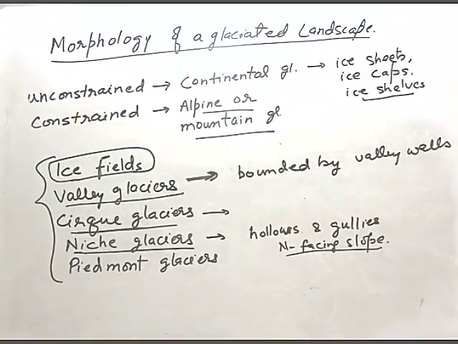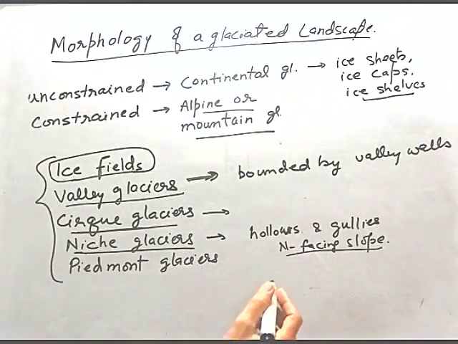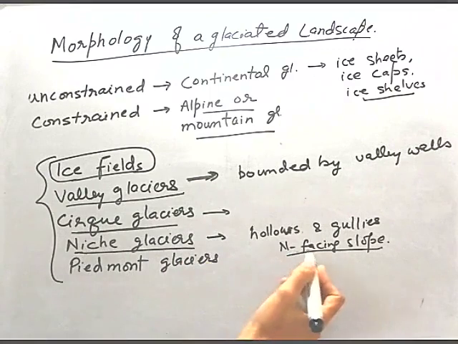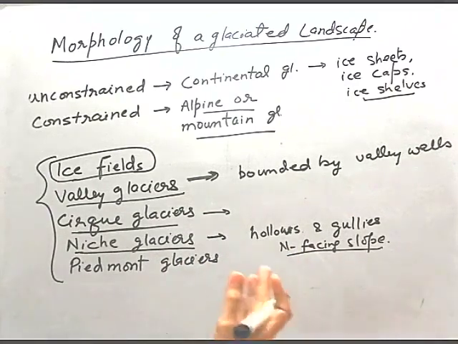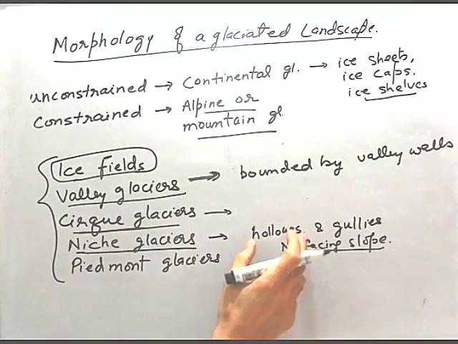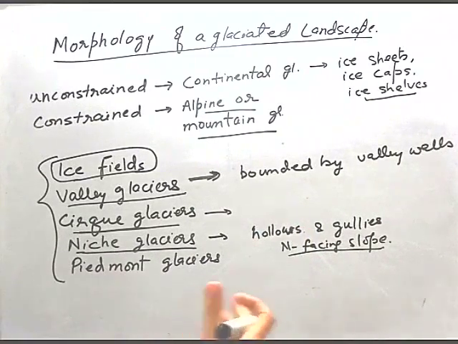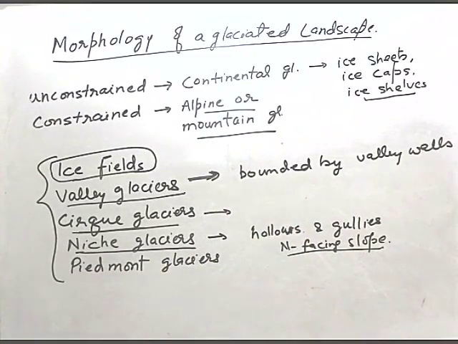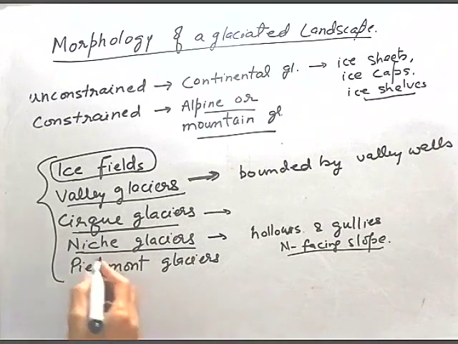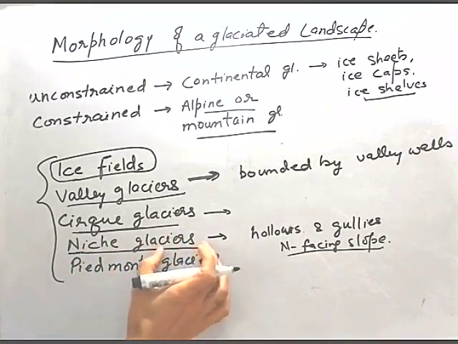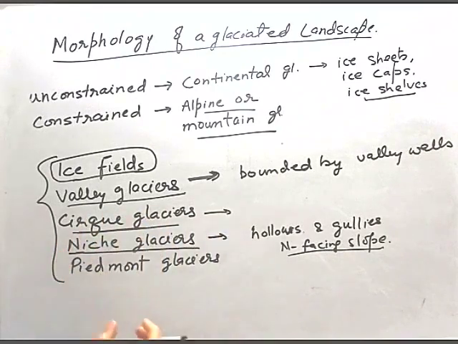That is why the chances of accumulation of snow and formation of glaciers on the north-facing slope will be greater than on the south-facing slopes, and snow will persist in the gullies and hollows because they are depressed areas. This snow will convert into ice gradually, and neck glaciers will form. These are very small glaciers, and they may be the precursors of cirque glaciers.